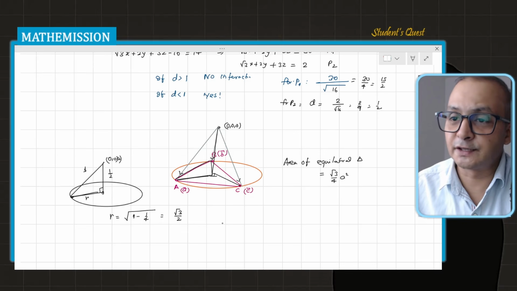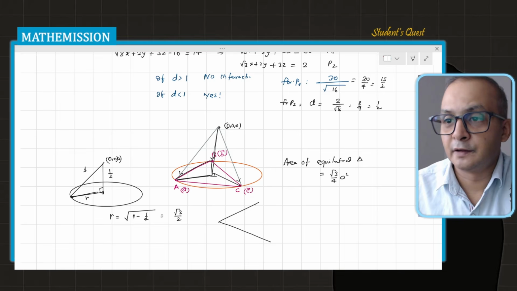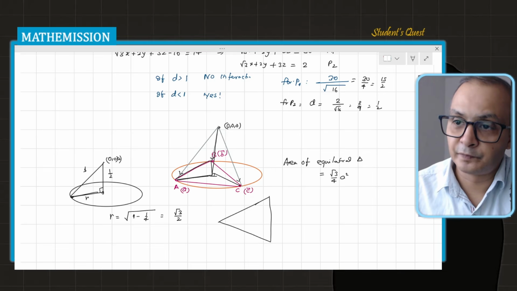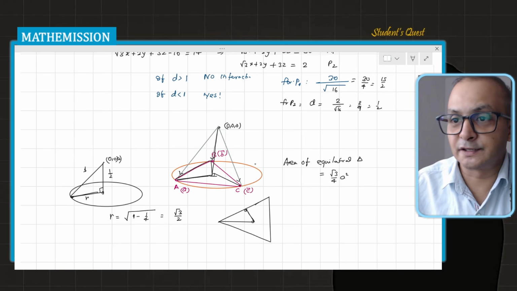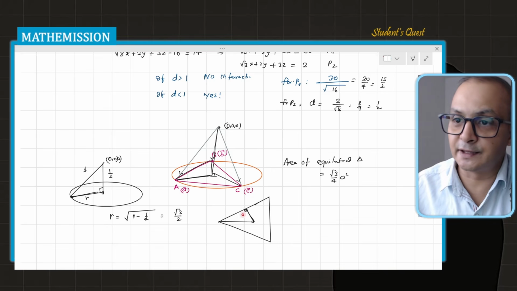Now the situation is this one. There is a triangle which is equilateral, and we have this length given. Notice that this is the chord of the circle, so it will bisect, and we have done this kind of thing in 2D geometry many times.